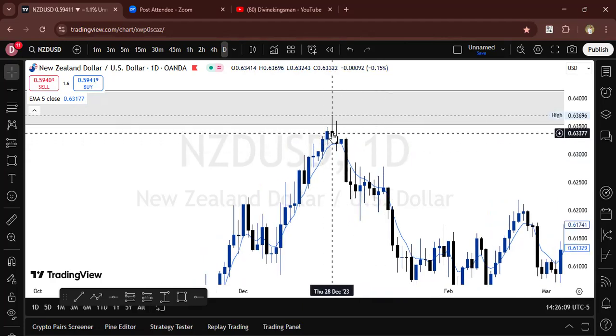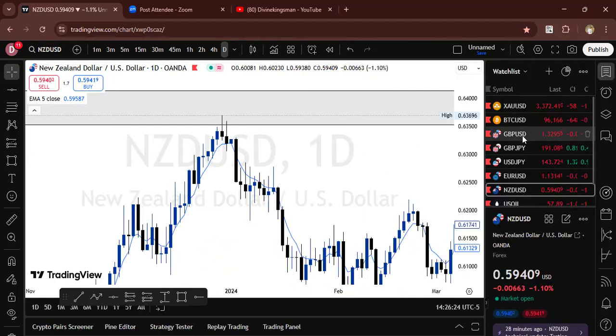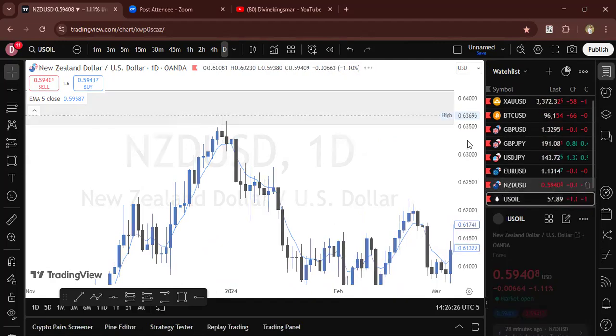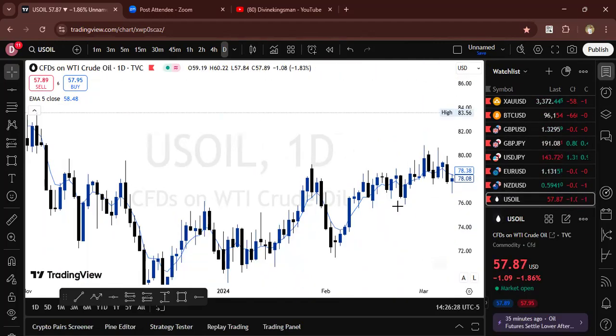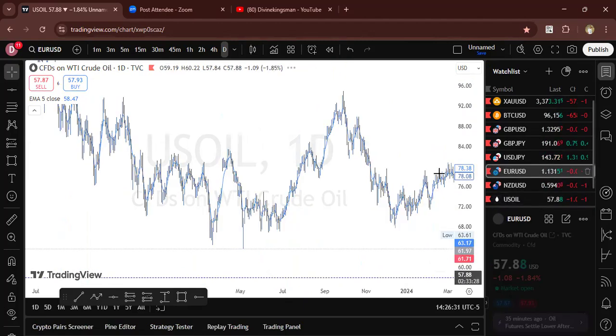I know I talked about dragonfly. Okay, those ones are doji. Let me see if I can quickly look for where I talked about all those candlesticks.